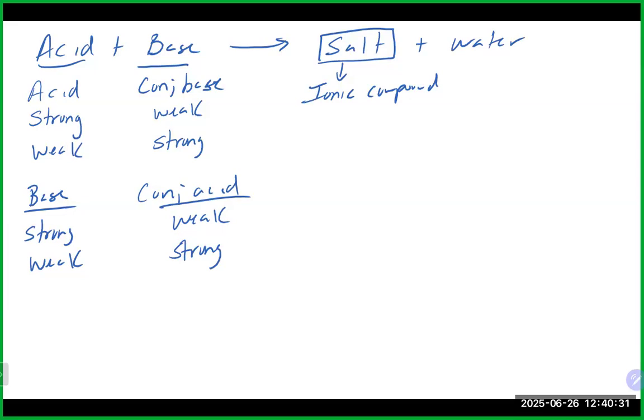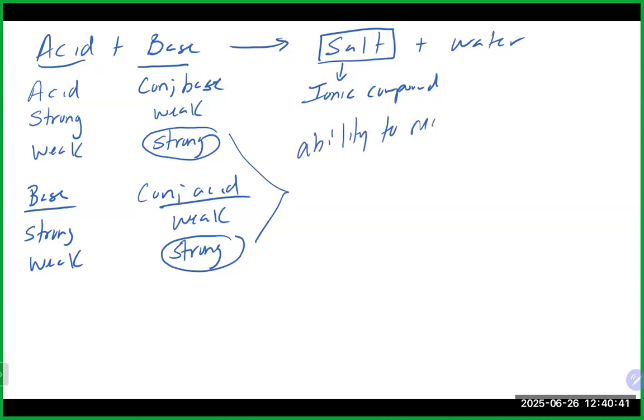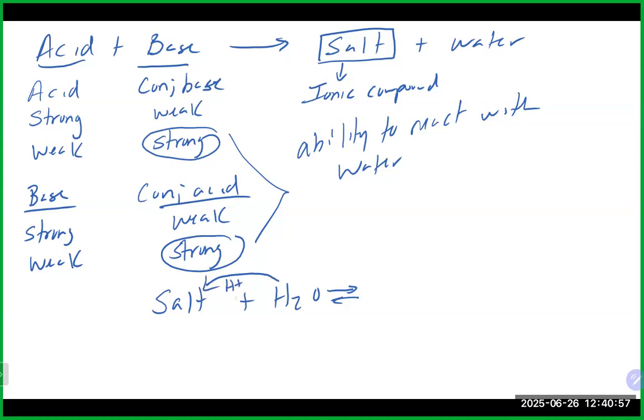And as we talked about, if something is strong in this sense, it has the ability to react with water. In certain cases, your salt may react with water in a way that it will accept an H plus, which means the salt would be acting as a base.